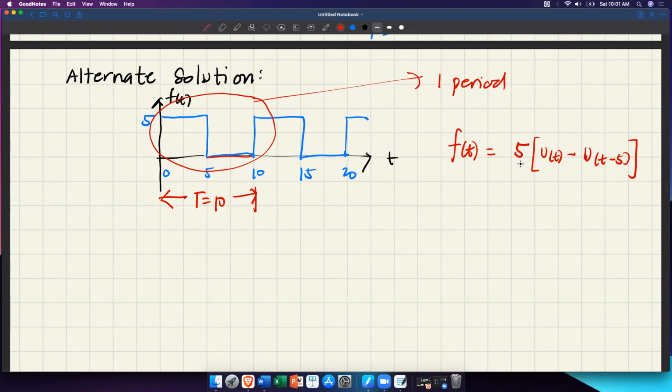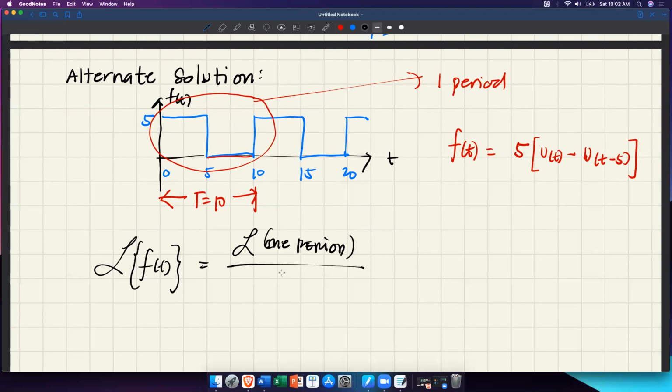Now, what we are going to do here is solve for the Laplace transform. Let me change the color here. Solve for the value of the Laplace transform of the function of t. We are going to solve the Laplace transform of one period only, divided by 1 minus e to the minus st. So we need to take the Laplace transform of one period.